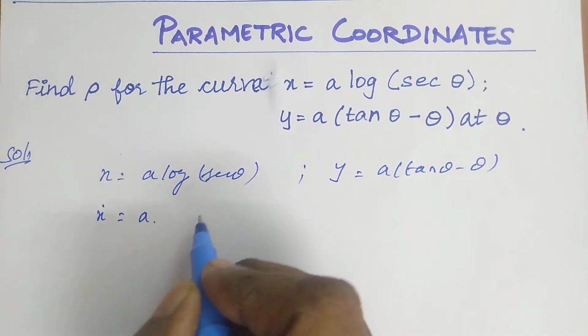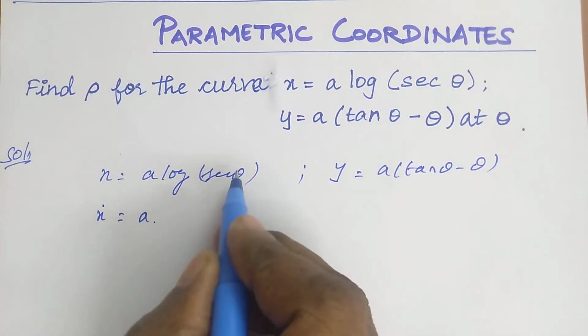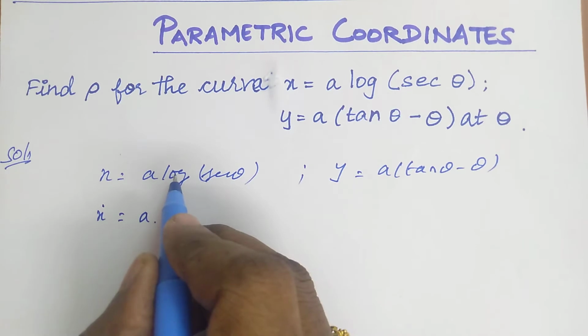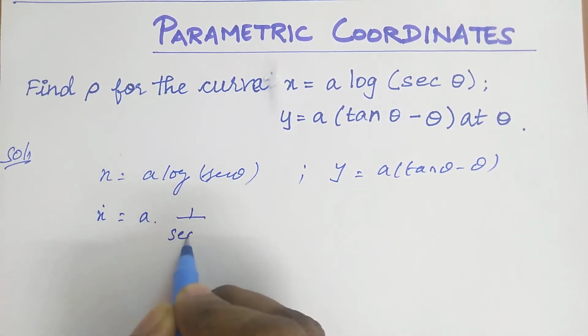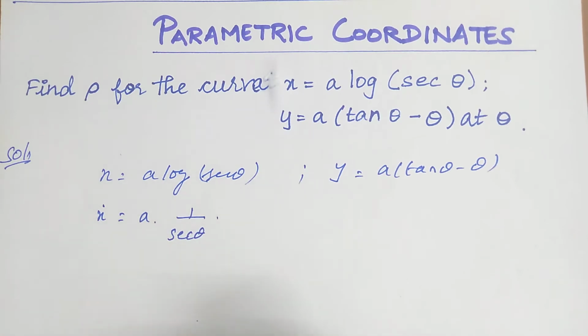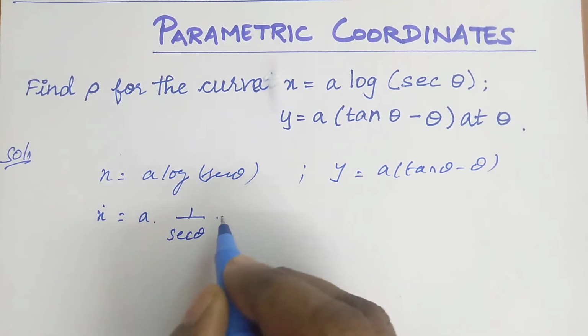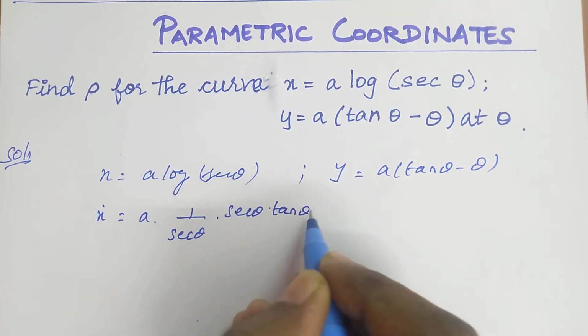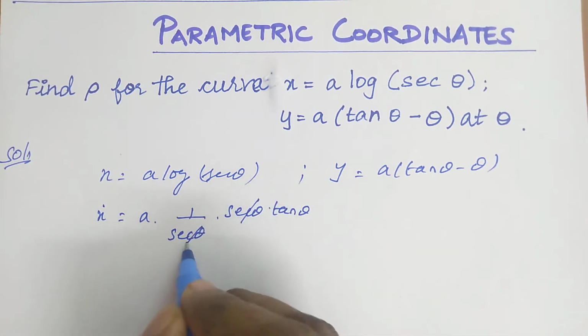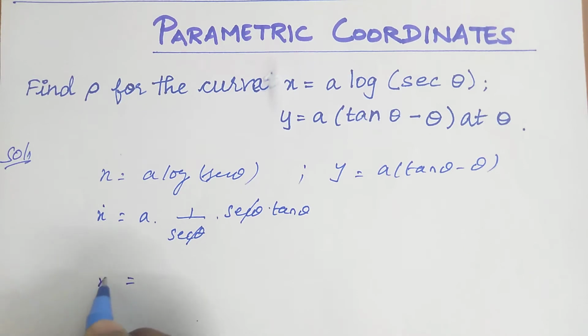Differentiation of log x, you have to treat this secant theta as x. So differentiation of log secant theta is 1 by secant theta. Now we have to differentiate the secant theta. Secant theta differentiation is secant theta into tan theta. So now we can cancel the secant theta and secant theta. So what is our x dot? x dot is equal to a tan theta.